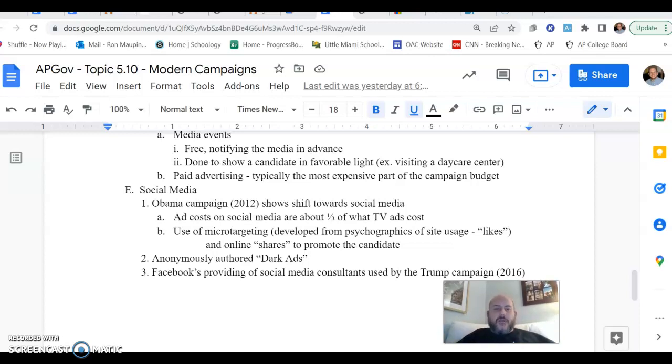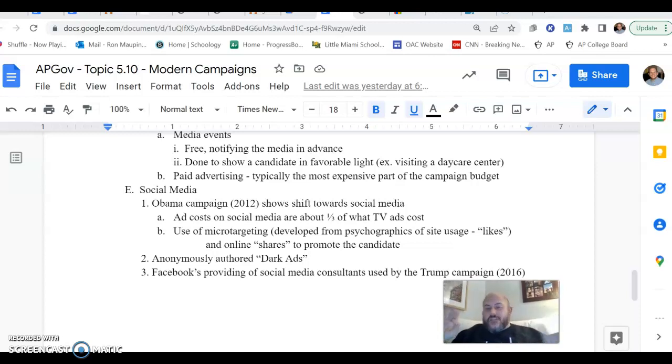We've mentioned that before. However, we have seen, along with this, the growth of what we call dark ads. These are unpublished posts on, for example, Facebook, that are done in a way that, unlike a normal social media post that is put out there for the public and everybody sees it, you are allowing unpublished posts to be shown to people that have a certain interest in something or a certain viewpoint on a topic that you don't necessarily want the public to see because it might offend others.